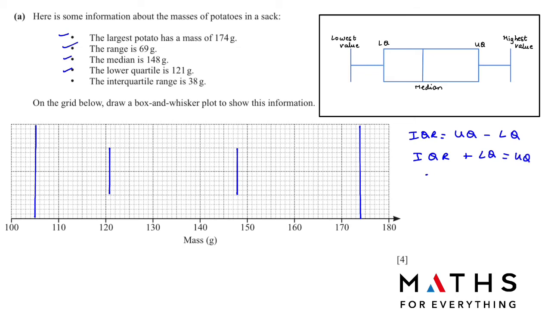Interquartile is 38 plus the lower quartile 121. This will give us the upper quartile, and that is 159. Let's draw that here. It's actually a very easy question if you know your basics well. And then you joined the lines together, and this one will remain in the middle.